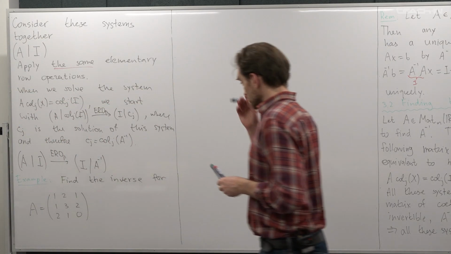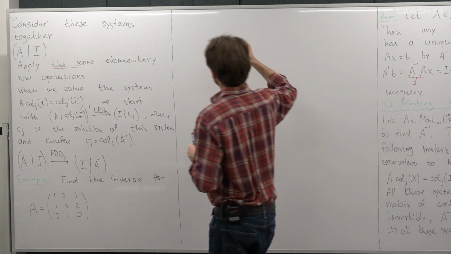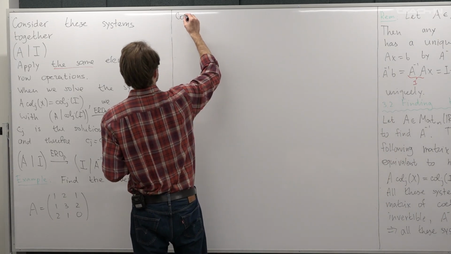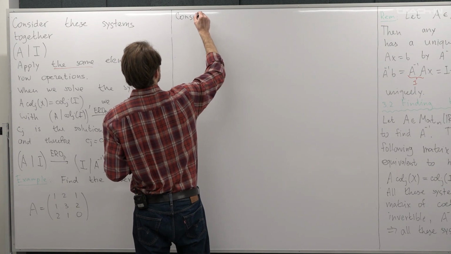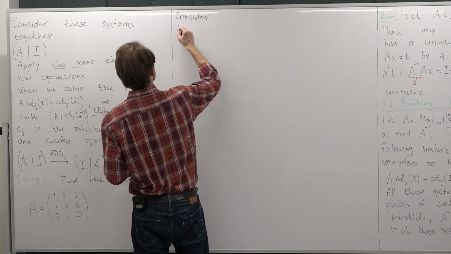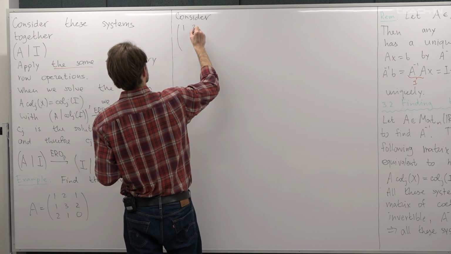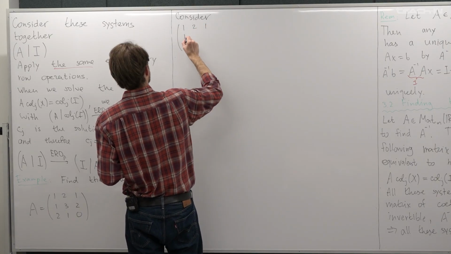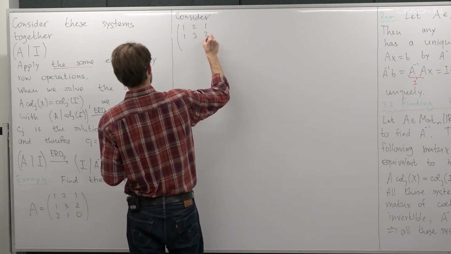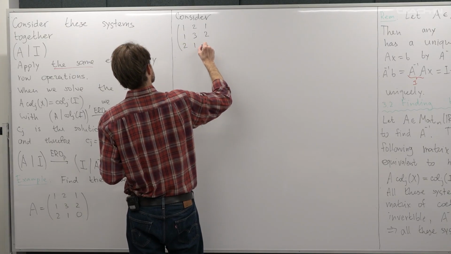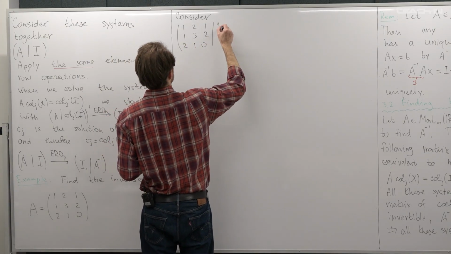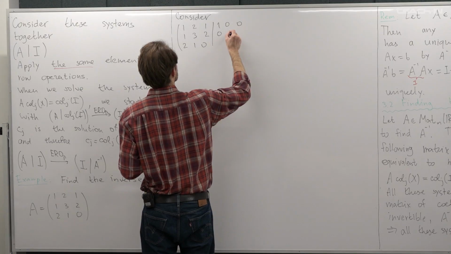Okay, so let us apply this algorithm. So consider a pair. I take this matrix and then I attach the identity matrix here.